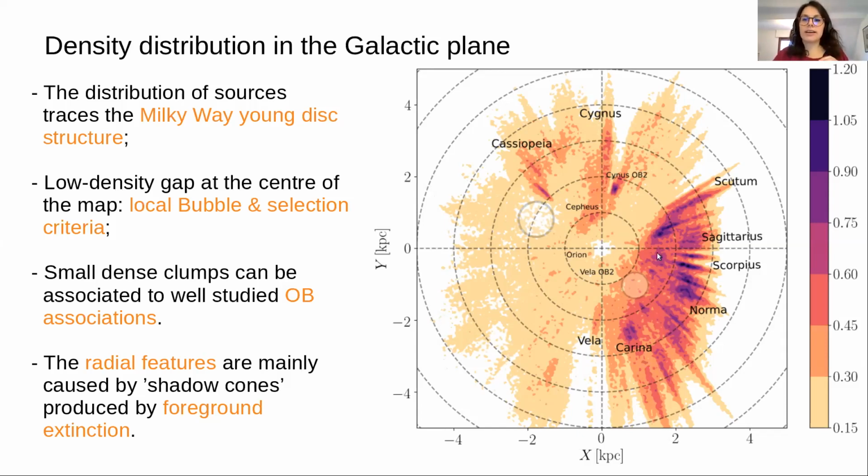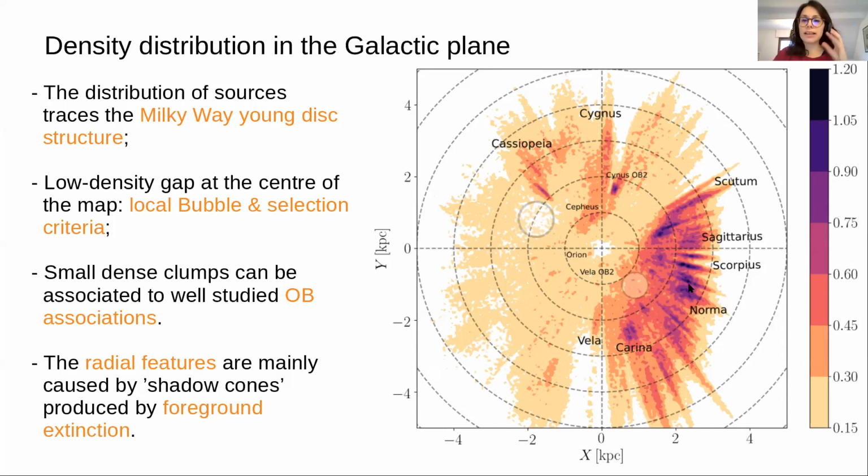Here, these structures seem indeed to trace the spiral arms, and the density of the sources is really high towards the galactic center. As a reminder, the galactic center is towards the right at 8 kiloparsec.